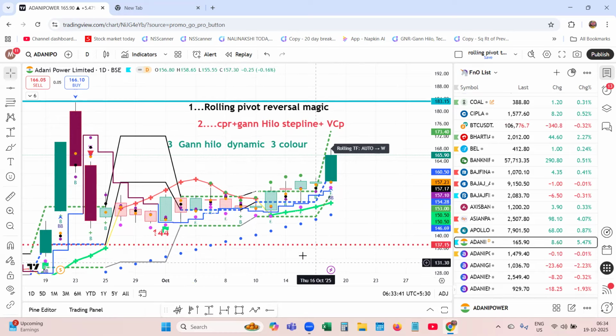And on 10th, exactly, all these became green. This Gann Hilo is already blue, and this dynamic Gann Hilo went from neutral to green. And the shorter period Gann Hilo was rising step by step.